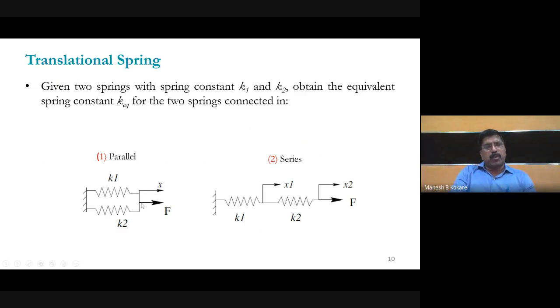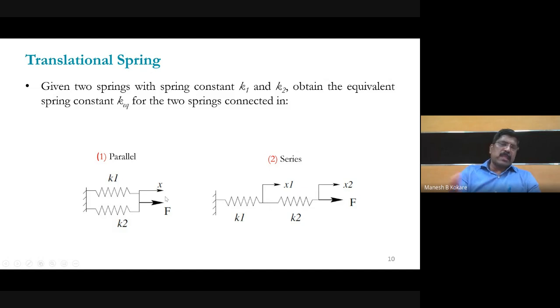For example, if two springs are connected in parallel, and you apply a force, how much will be the overall displacement? Parallel means one end of K1 is connected with one end of K2, and the other end of K1 is connected with the other end of K2. Similarly, if two springs are connected in series, what will be the total overall spring stiffness constant, and what will be the overall displacement when you apply the force?